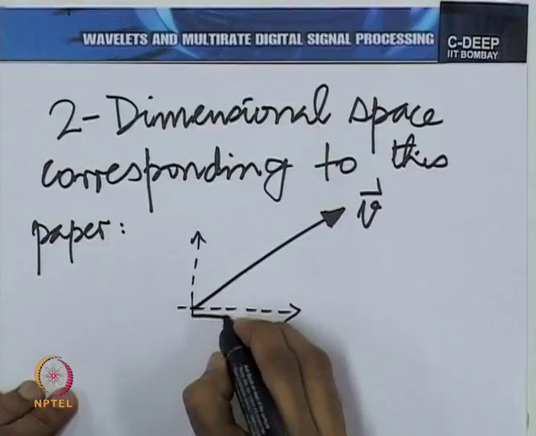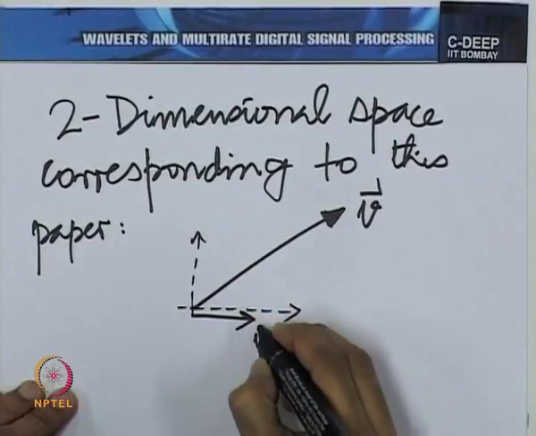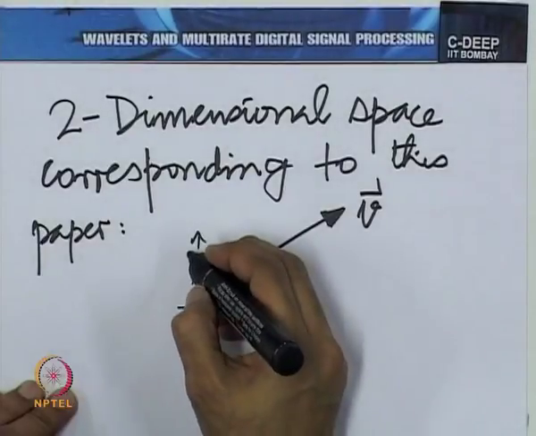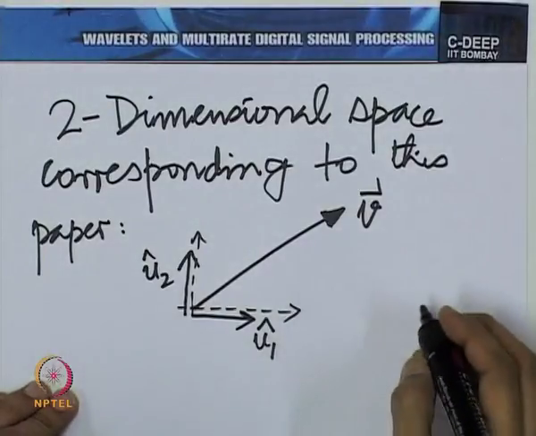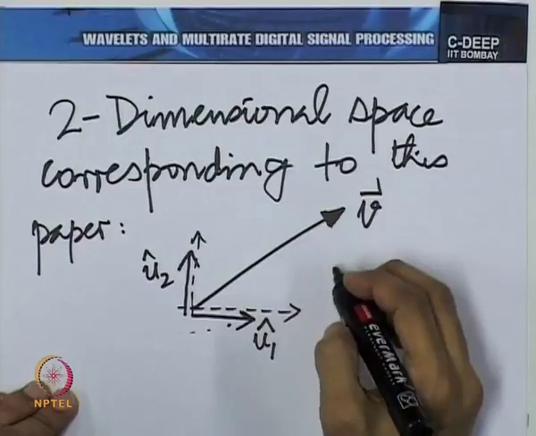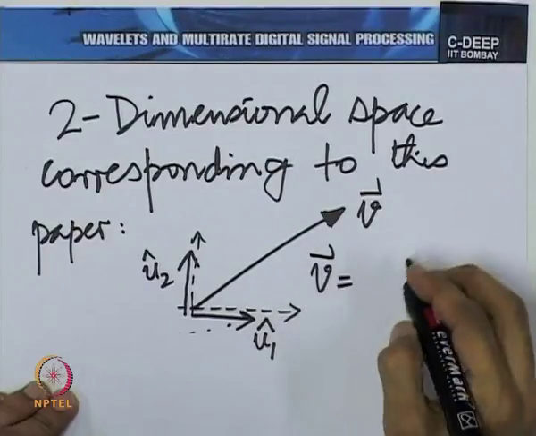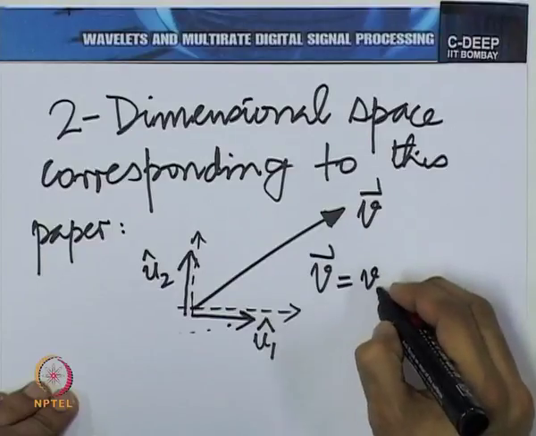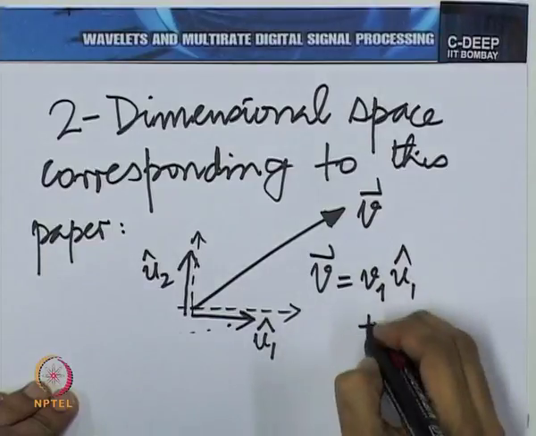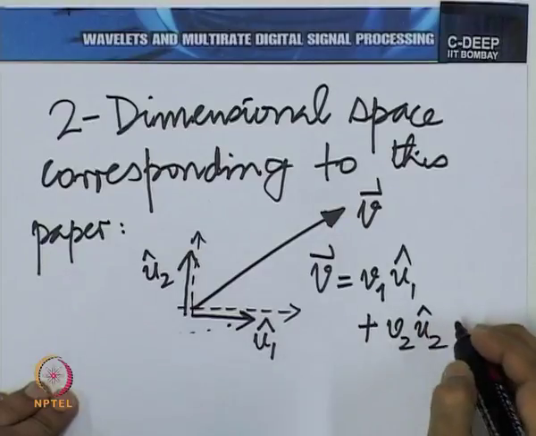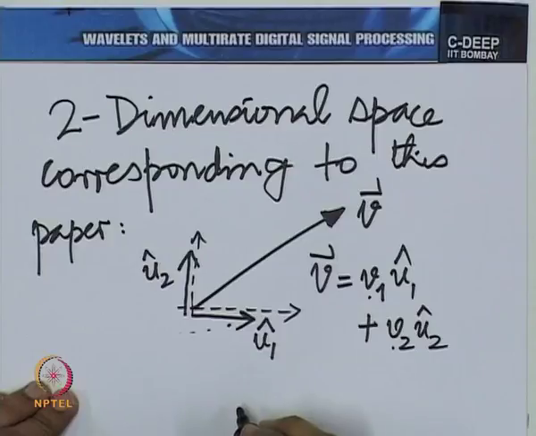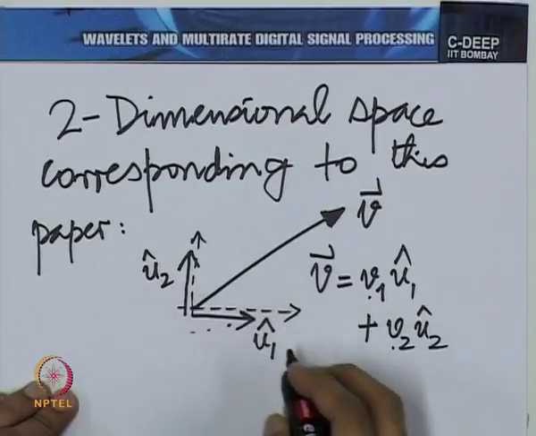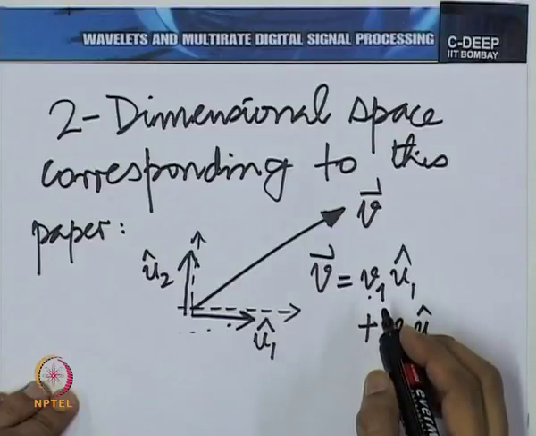So, I have say a unit vector, let me call it u1 cap along this axis, and another unit vector u2 cap along this axis, and then I could write the vector v uniquely as say v1 times u1 cap plus v2 times u2 cap, whereby v1 and v2 characterize this vector v uniquely in this two-dimensional space with respect to the coordinate system generated by u1 and u2.